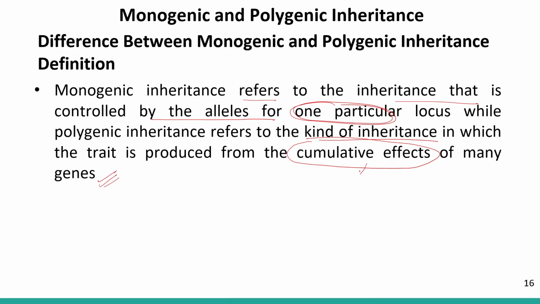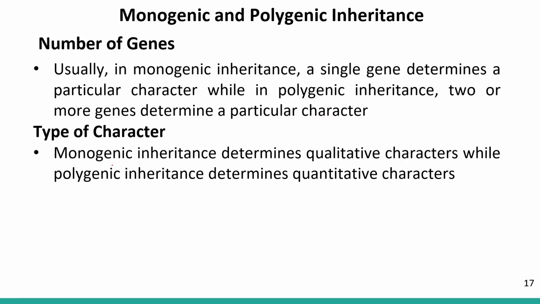Here the cumulative effect is the quantitative number of genes, the number of combinations we have. For skin color, we have 64 different types of combinations, showing the quantitative type of inheritance. Many genes' effects accumulate, and that gives one particular character. So in monogenic inheritance, one particular locus is controlled by one particular allele, and in polygenic, many genes are involved having different alleles.